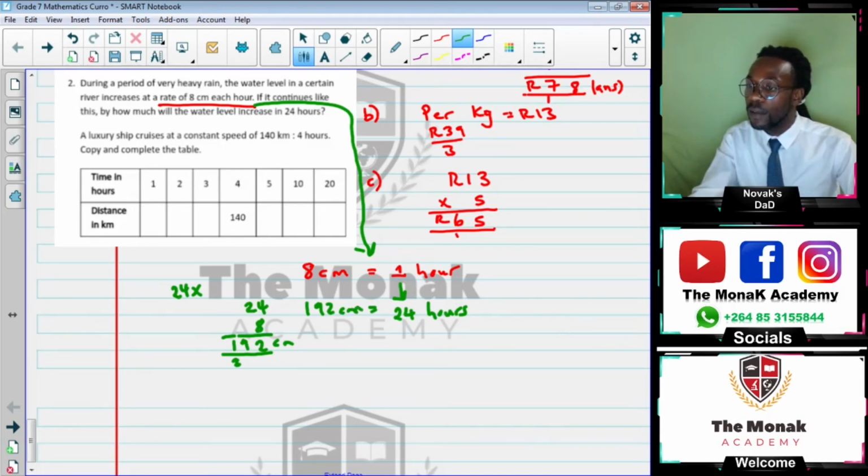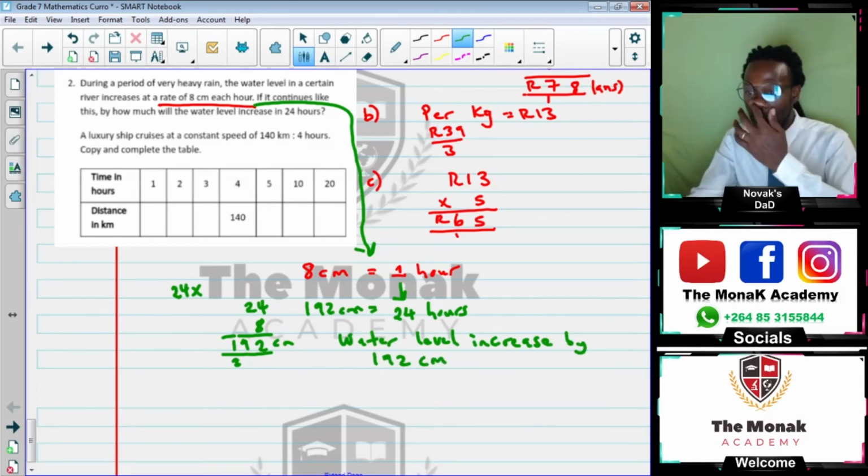So they said, if it continues like this, by how much will the water level increase in 24 hours? It will increase by 192 centimeters.